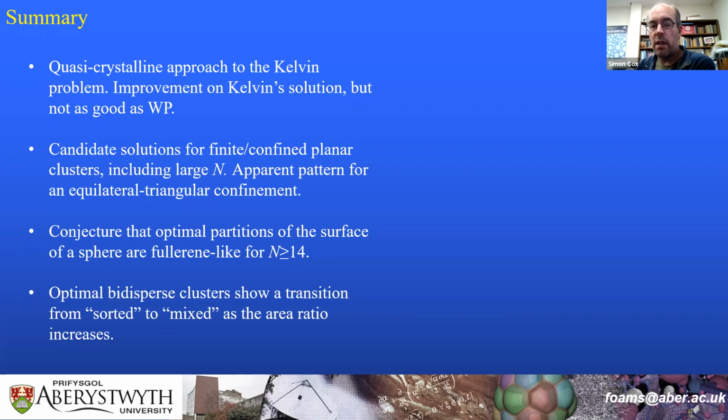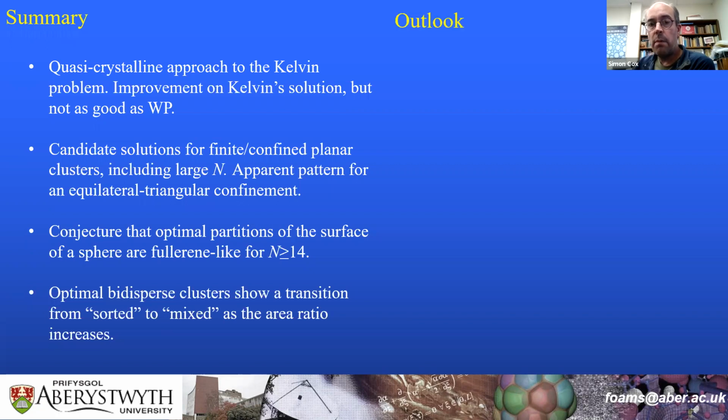We've looked at finite planar clusters, or those confined within shapes, and my favorite one is the equilateral triangle, where it seems that there's a pattern that perhaps one could do something with. We've seen fullerenes on the surface of a sphere, and we're starting to explore bidisperse clusters.